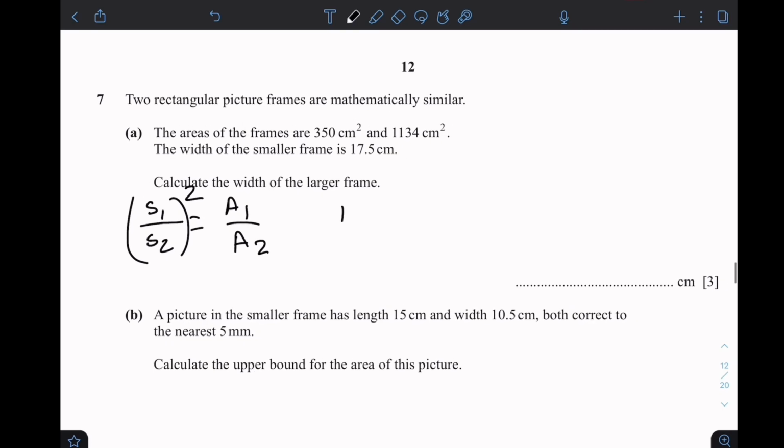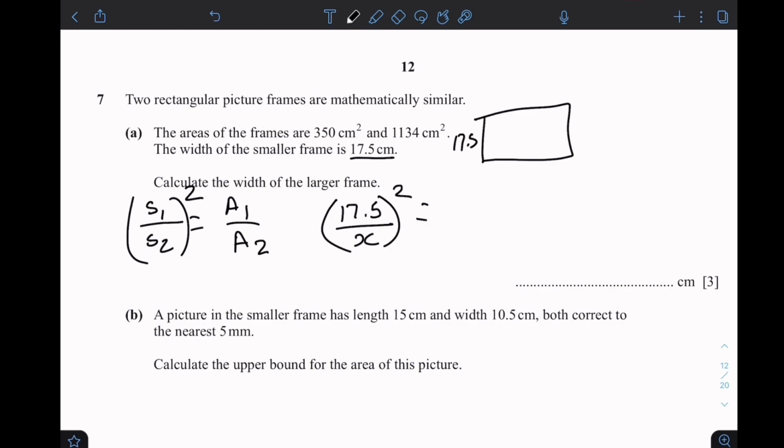So in this case, 17.5 divided by x, squared, is equal to 350 over 1134. The small frame is 17.5 and 350, and the bigger one is 1134 and x.